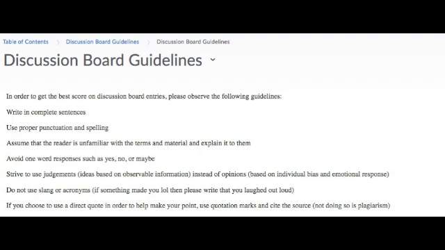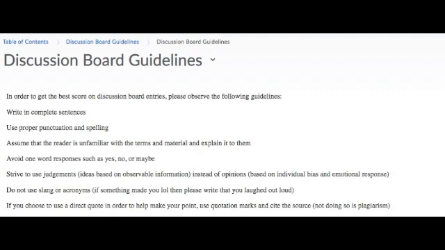If you're using words specific to a time period or a type of artwork, tell us what those words mean, which again helps us understand. Avoid one-word responses such as yes, no, or maybe, because that's not really a complete sentence. And try not to use slang or acronyms. For example, if something made you laugh out loud, just write that you laughed out loud. It would be easier for us to understand.